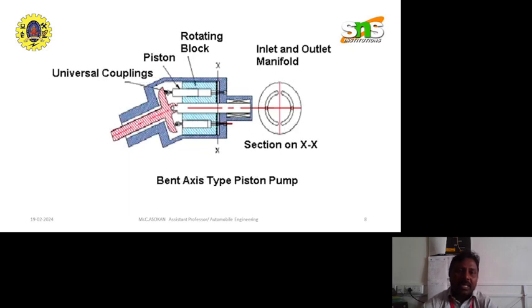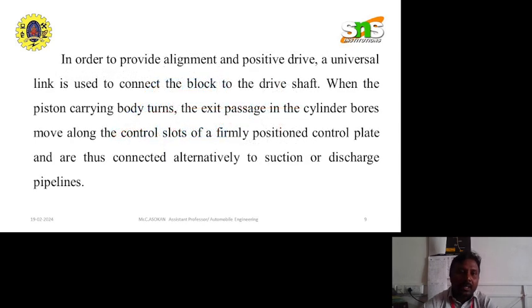This is a Bendix type piston pump. It also has a piston, rotating block, and universal coupling. The universal coupling is connected near the piston and rotating block. In order to provide alignment for positive drive, a universal link is used to connect the block to the drive shaft.